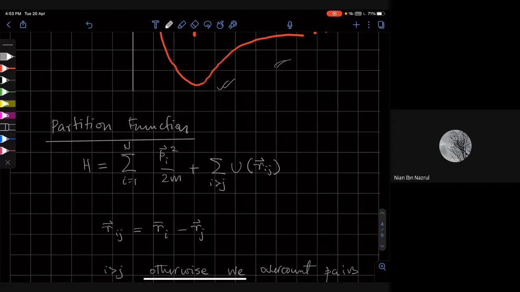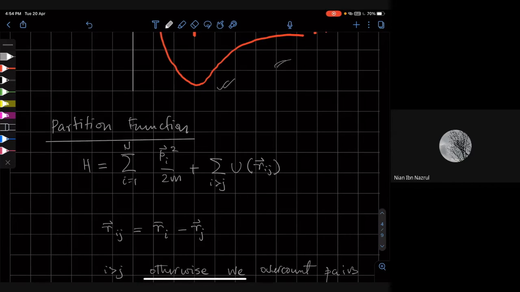We define temperature by the definition 1 over T is del S over del E, right? For a single particle with fixed energy, there's only one configuration. So del S over del E is going to be zero, so temperature is going to be infinite.